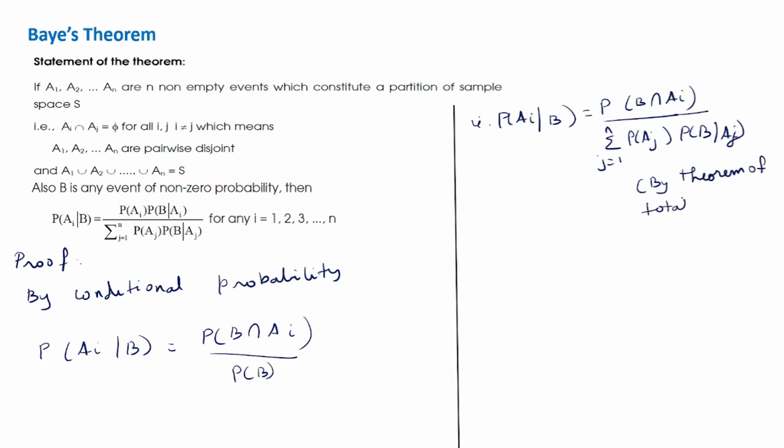In my previous video I have explained about this, that is the theorem of total probability. So using that theorem we can write probability of B as summation j equal to 1 to n probability of Aj into probability of B given Aj. Now this probability of B intersection Ai we can write as probability of Ai into probability of B given Ai.